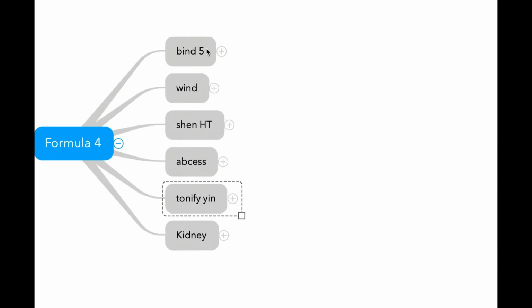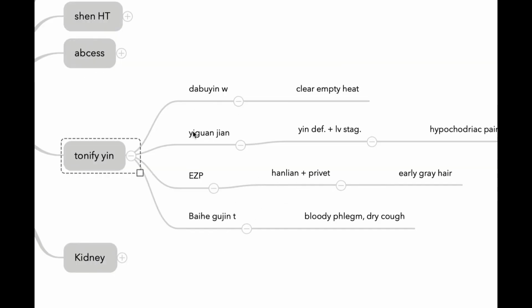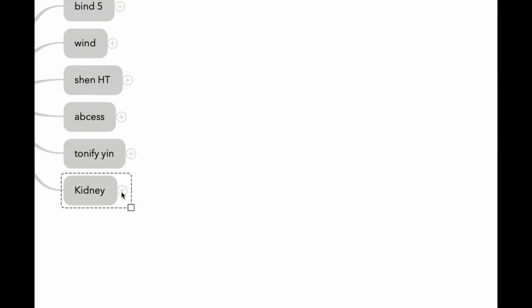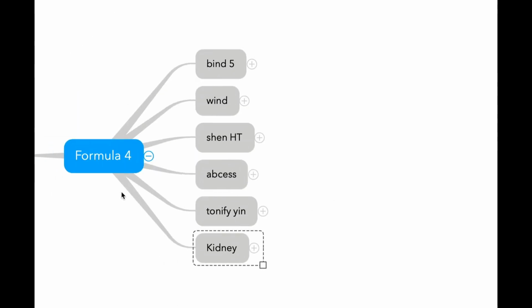Double Yin One, Erzhi Wan, these formulas we learned, and kidney, Liu Wei Diwan 1 variations. This is what we learned in Formula 4 class.